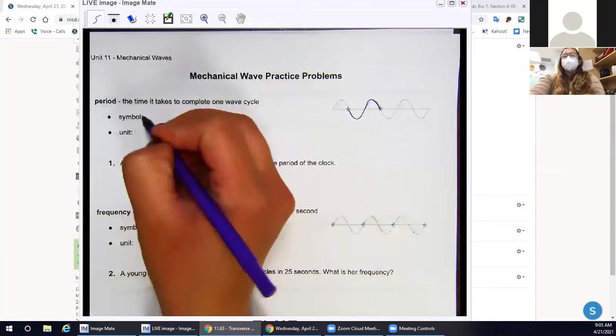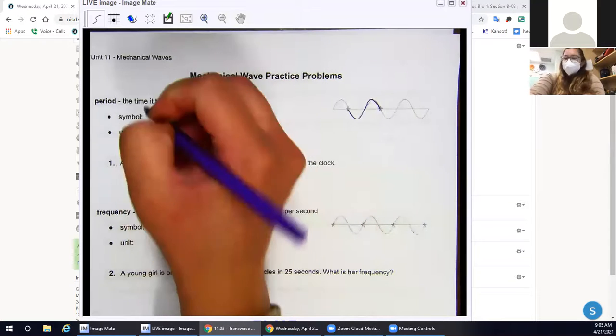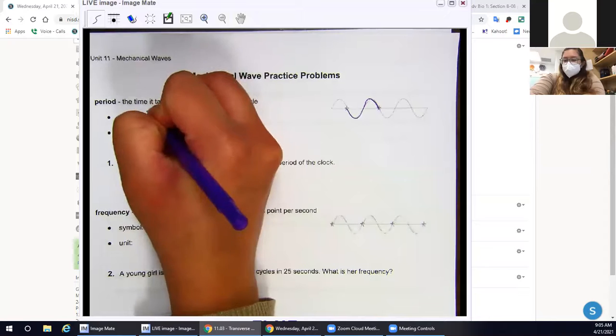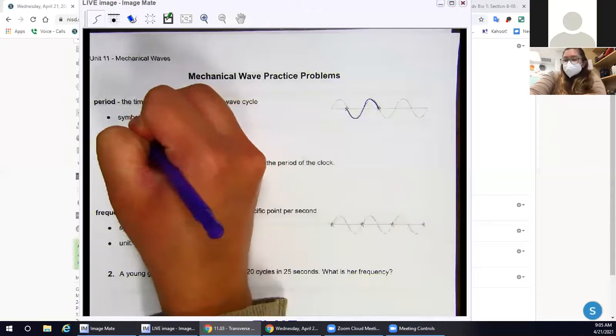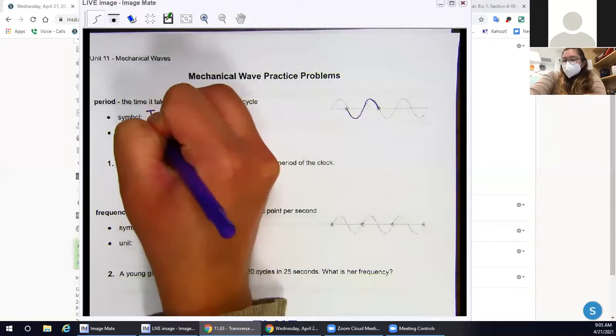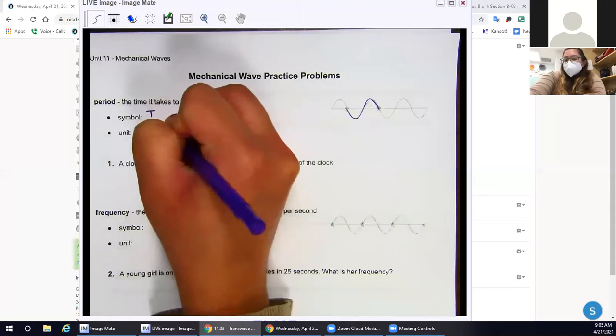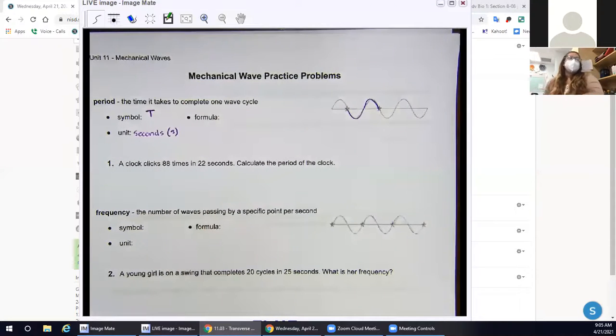First, let me tell you the symbol and the unit. Period has the symbol capital T. So anytime you see a capital T, that's period. And the unit is seconds, or just s. Little s means seconds too.